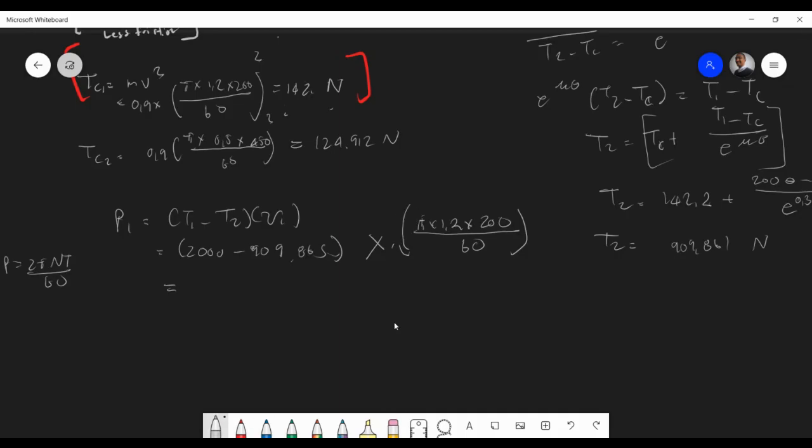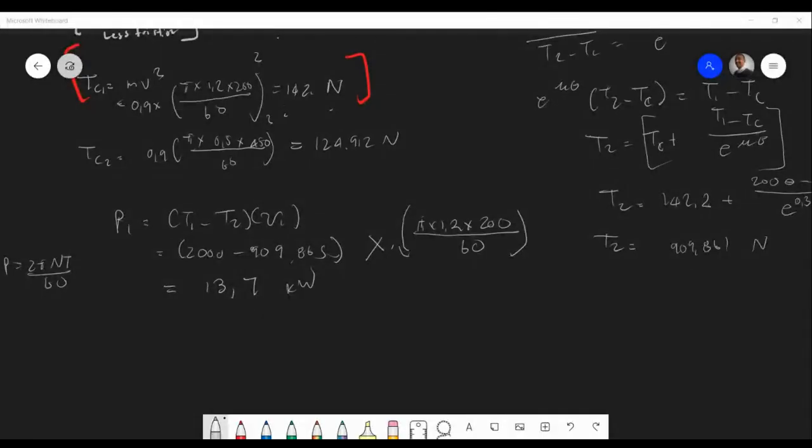So let's get the first power. That's P1, and you should get 13.7 kilowatts, if I'm correct, around there.